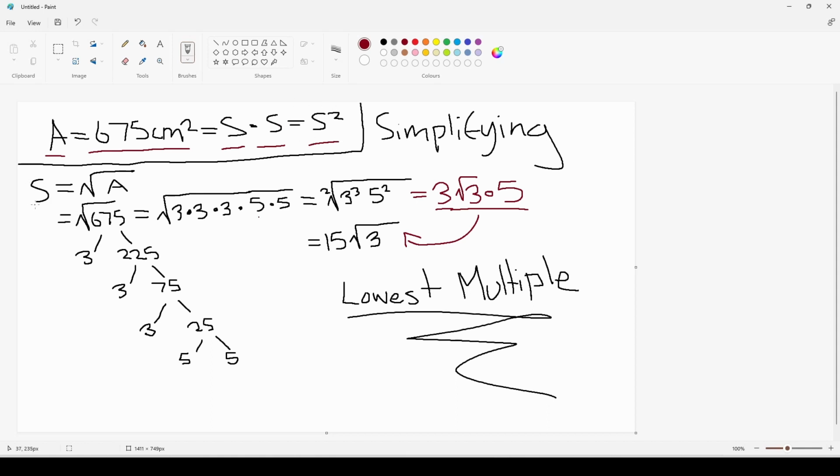So we know that one side length is equal to the root of a, which is the same as root 675. And it's just the same thing. We take all of these. And here we have a little bit more visual with 3 3's and 2 5's, where they get simplified into this and then pulled out to get our final answer.